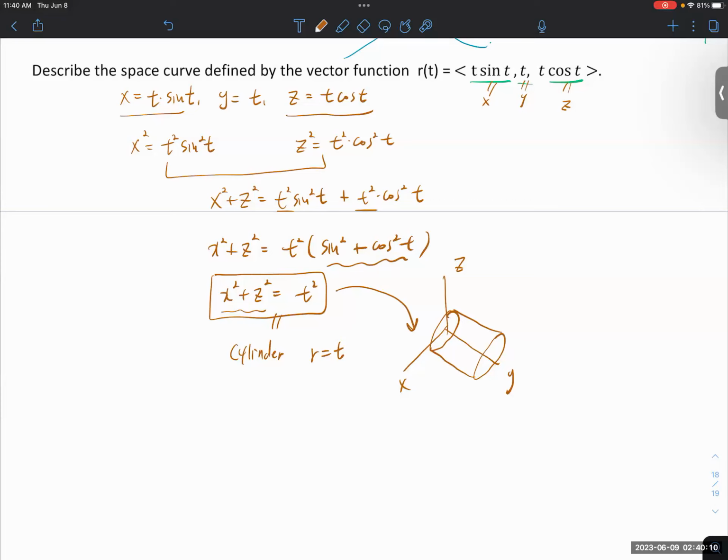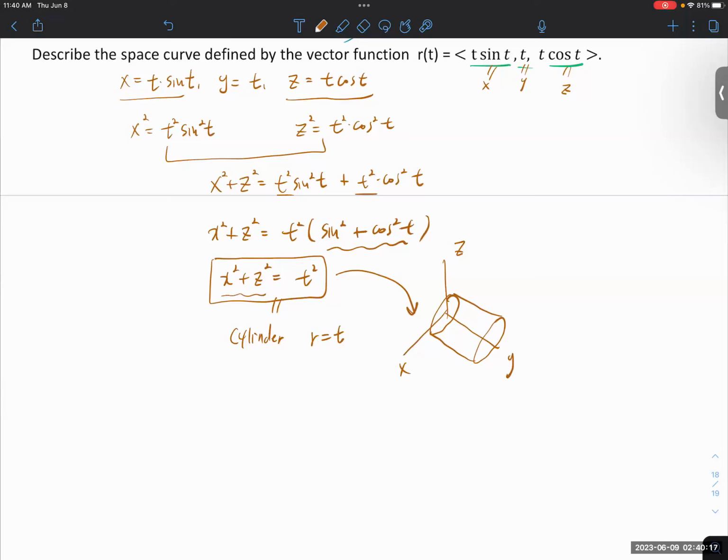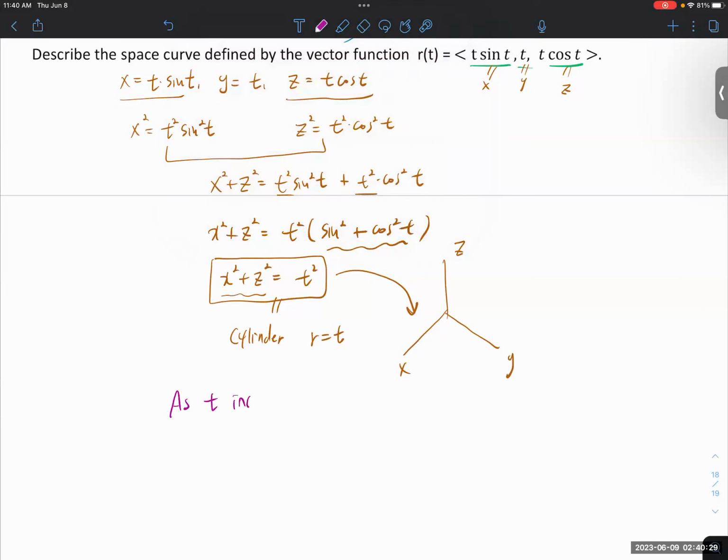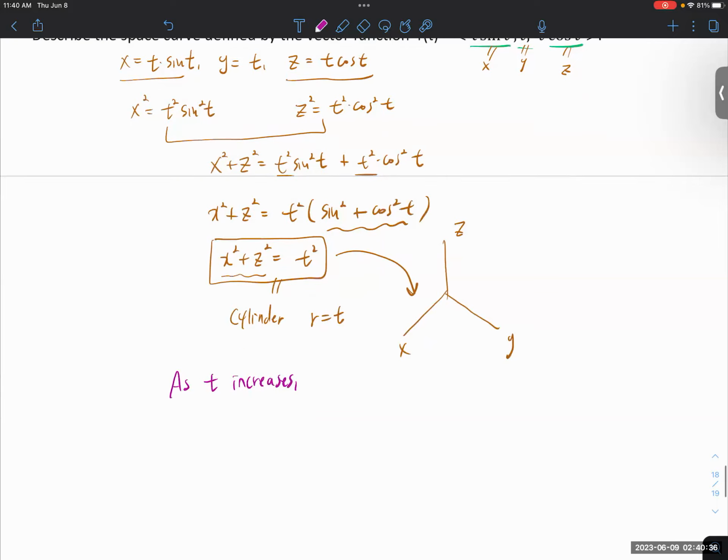And then what happened? In this equation, what do you guys think? Since the T squared is getting larger, it's not really a cylinder, but let me just write it one more time. So the radius, as T increases, X and Z increase.